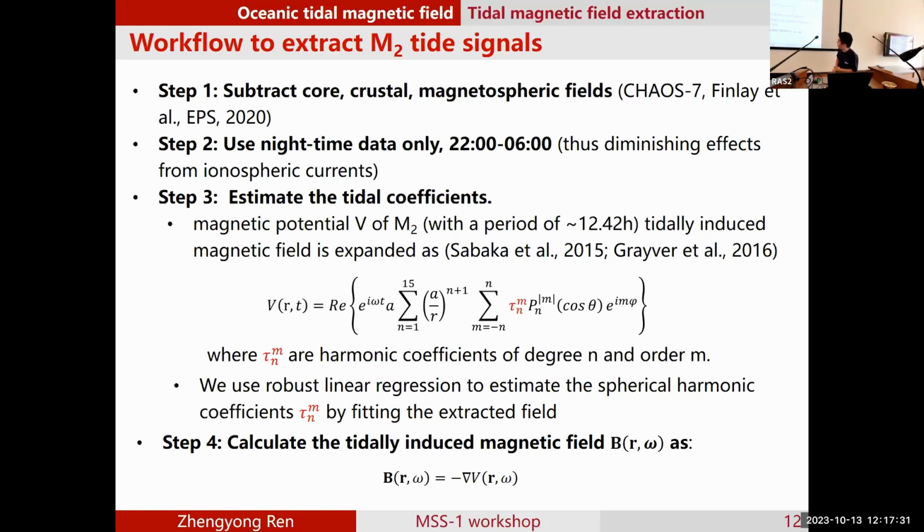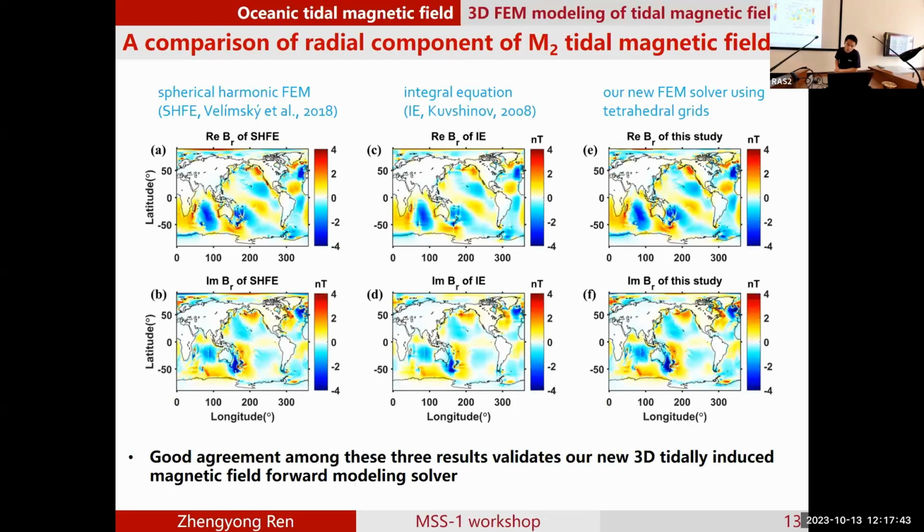Then the tidal magnetic field at any location r and an angular frequency can be computed as follows. And we also developed a new finite element solver to compute the predicted tidal magnetic field for a given 3D model.